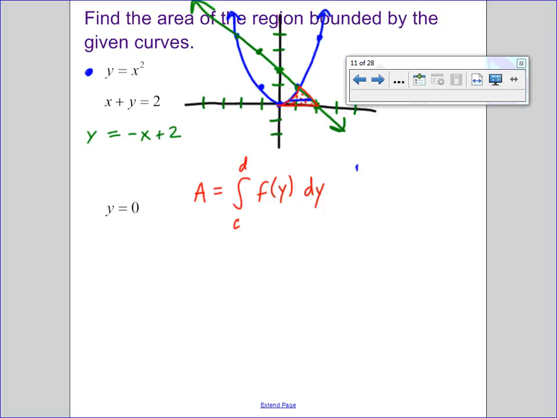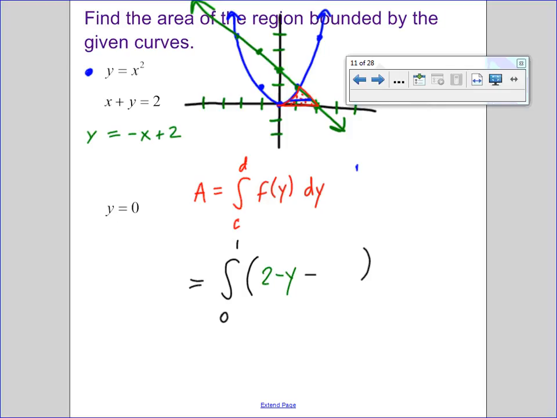All right, so let's do it in one shot. The lowest y value of my region is 0. The greatest y value of my region is what? 1. I can keep the height of my rectangle positive by doing right curve. Right curve solved for x is x equals what? 2 minus y, minus my left curve. What's my left curve solved for x?